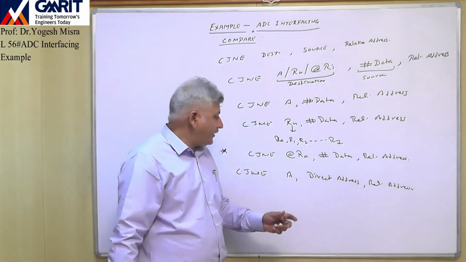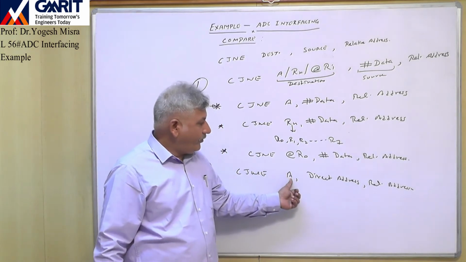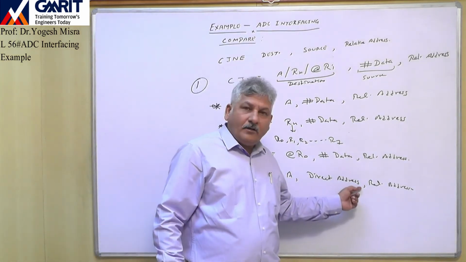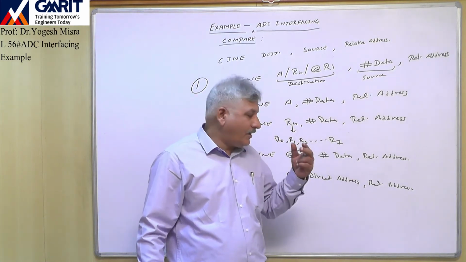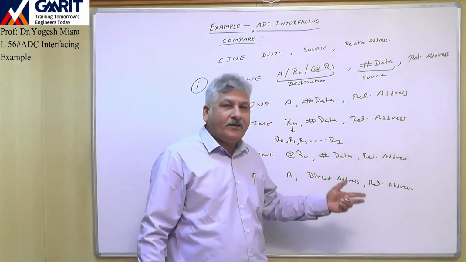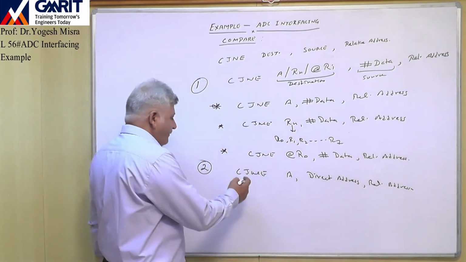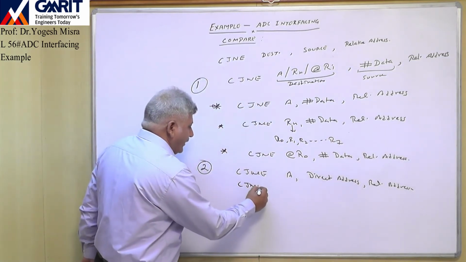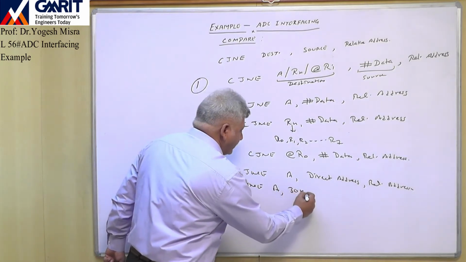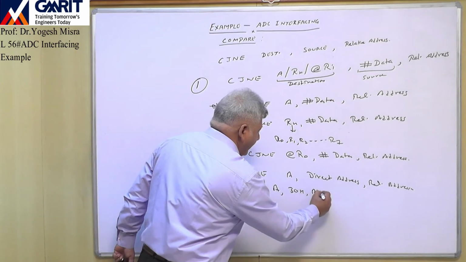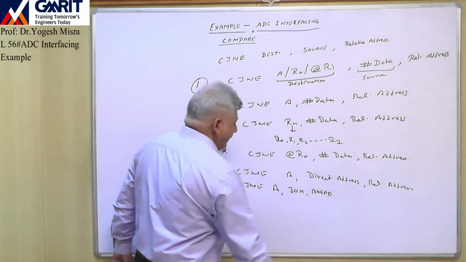So here the content of A will be compared with your source data, and the address of the source data is given with the instruction. For example, CJNE A, 30H, ahead, where ahead is the relative address.